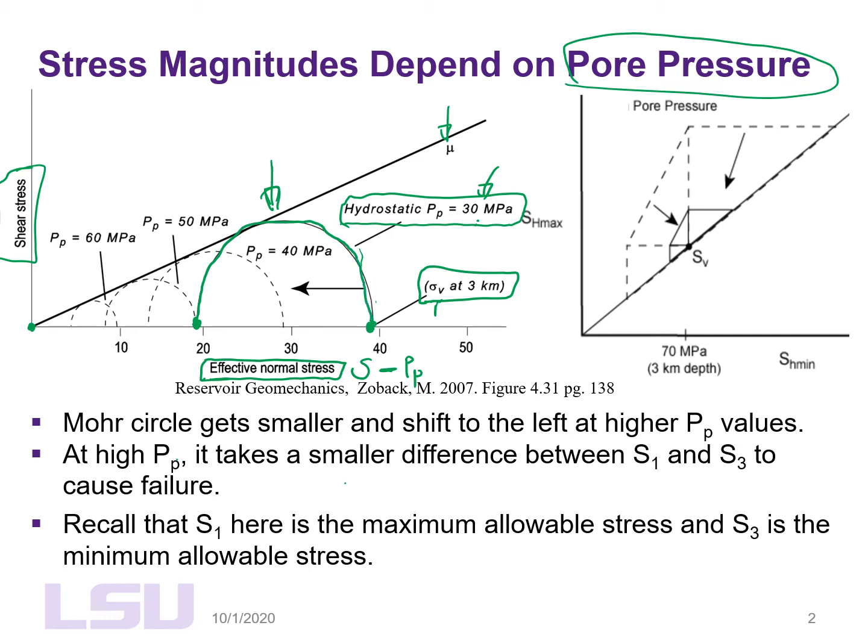And then you increase pore pressure to 40 megapascal. It used to be 30. So a 10 megapascal increase. And what does that do? That will reduce your sigma V, which is SV minus pore pressure, by 10, right?